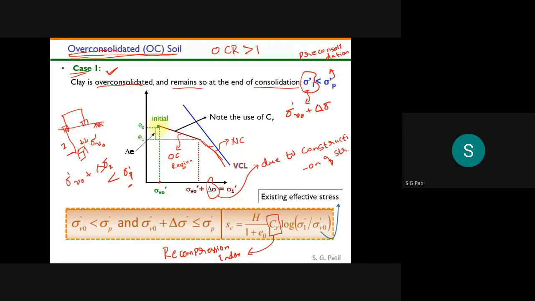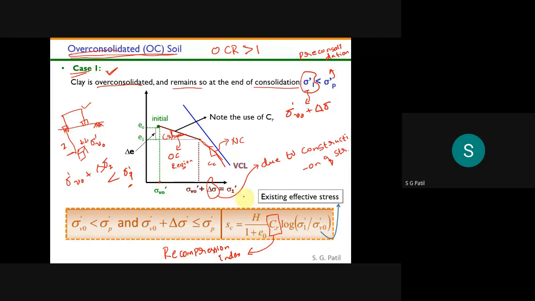Initially your soil is OC, but even after the construction of this building, you are not reaching your NC region, that is the normally consolidated region. In that case, instead of CC, I should use CR here. So this is my CR, and this was my CC here. I have to use my recompression index.